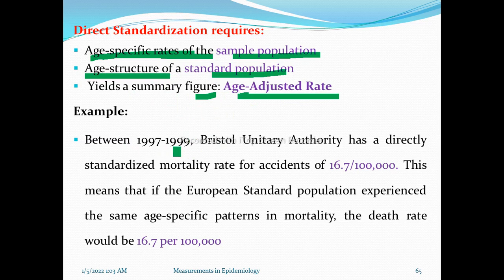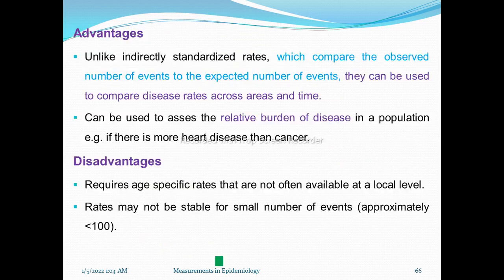Between 1997 and 1999, Bristol Unitary Authority had a directly standardized mortality rate for accidents of 16.7 per 1,000 population. This means that if the European standard population experienced the same age-specific pattern in mortality, the death rate would be 16.7 per 1,000.